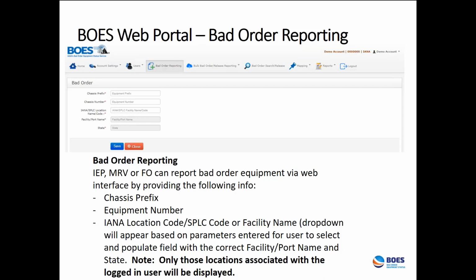And what we've done through the web portal is based on the specific locations that the user is designated for. Those locations would be the ones that would be displayed here. And the user can simply enter the first few letters of the location name. They can enter the IANA location code or the zip code in order to have that pre-populated list show up for them to select from. And then once they enter that information, the facility name and the state is pre-populated based on what's entered here.